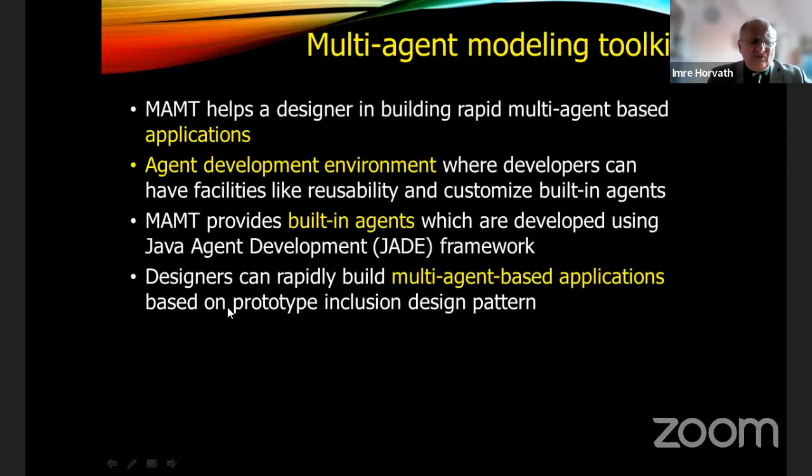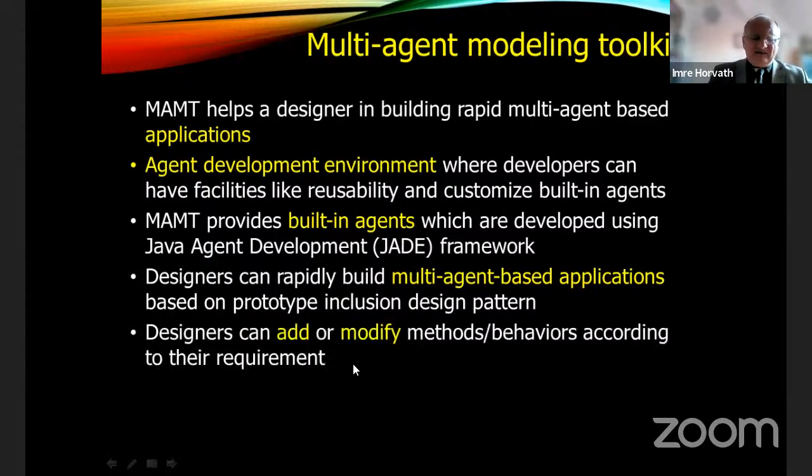It is possible to reduce the development time by using the Java Agent Development Framework in the case of multi-agent-based applications because of its inherent prototyping capability and the management of design patterns.